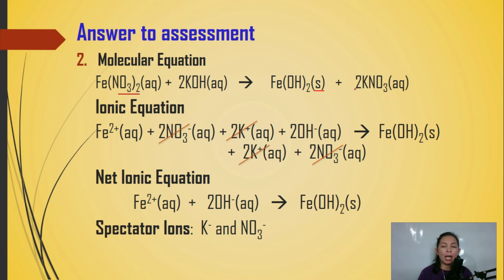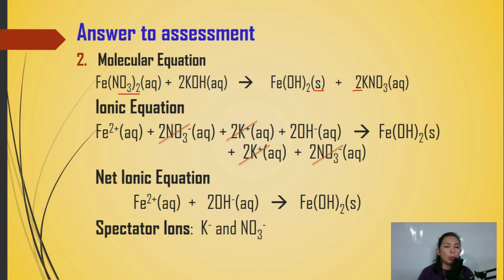That is why we added coefficient of 2 before potassium nitrate, and that makes our potassium 2. So to balance, we need to write 2 in the reactant side before potassium hydroxide, and that makes our hydroxide 2 ions, and that balances our hydroxide in the product side. And so far, this is our balanced molecular equation.